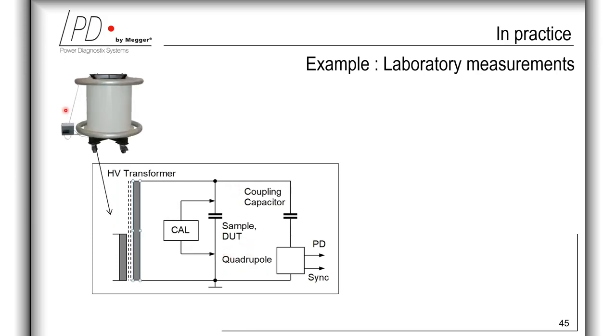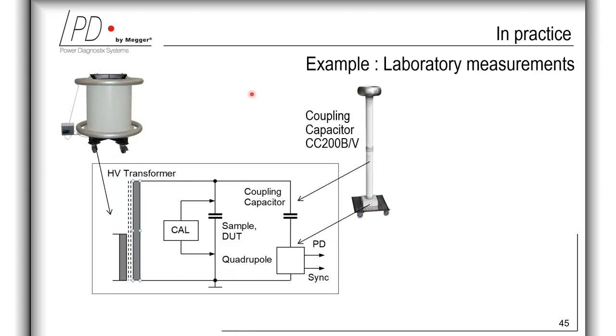In practice, it looks like this. Here you have the high voltage transformer. And as a coupling capacitor, you see the CC200B/V of PowerDiagnostix with integrated quadrupole and built-in voltage divider. It basically senses the partial discharge pulse and sends it as a voltage signal to a preamplifier for conditioning.